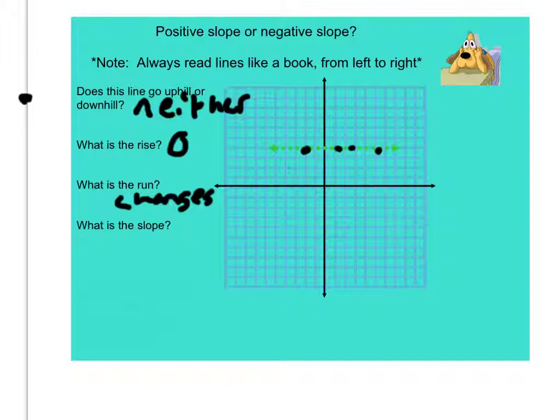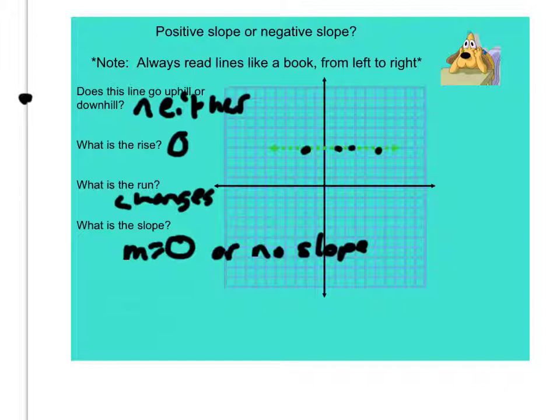Well, when that happens, my slope is 0. This line has 0 slope, or no slope. It's a flat line. It goes straight side to side. It's kind of like a street or sidewalk. There's no slope here.